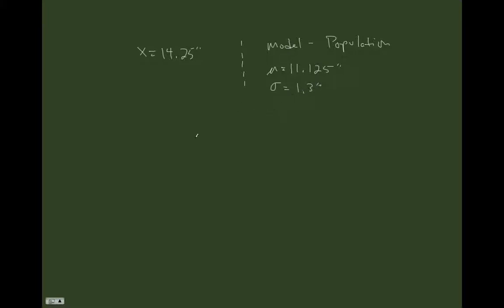Now, one way to think about it is to look at that axis. Let me sketch up my normal curve here again real quick. When I'm thinking about how the population's distributed, here's my x variable, and 15 was down here somewhere.